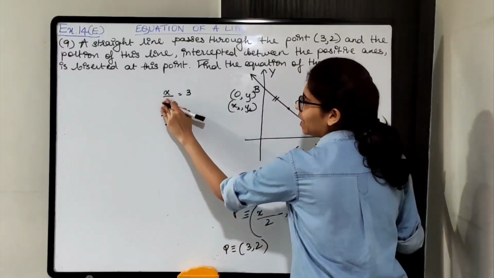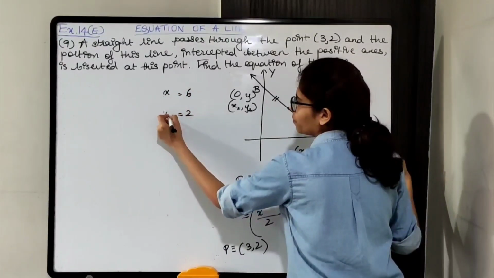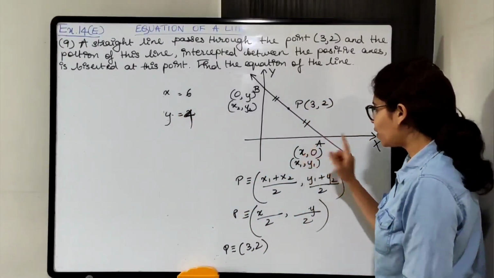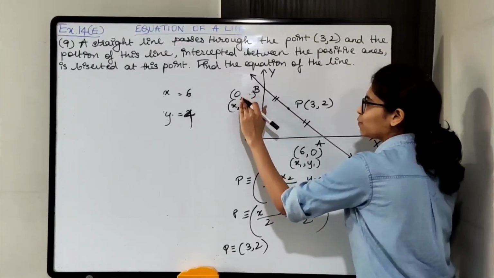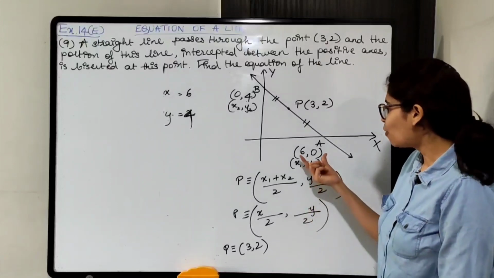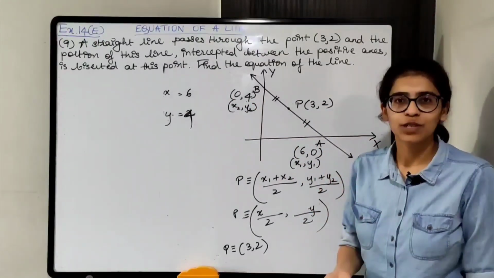Solving this, we'll get x as 6 and y as 4. So x is 6 and y is 4. We got the coordinates of A and B. We can easily find out the slope.